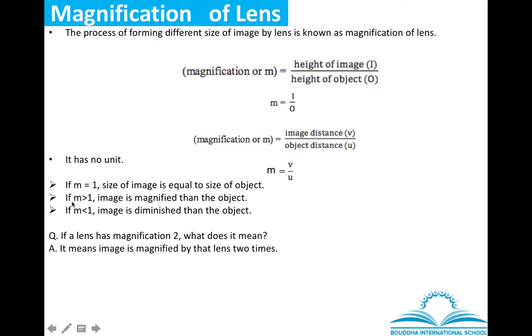If the value of m is more than 1, then the image is magnified compared to the object, and if the value of m is less than 1, then the image is diminished, meaning it is smaller in size than the object. Suppose a question came: a lens has magnification 2, what does it mean? Here magnification 2 is more than 1, so it is magnified. So we'll say the image is magnified by the lens 2 times.